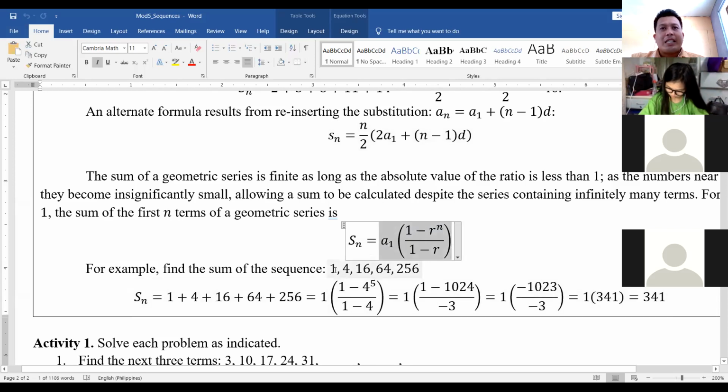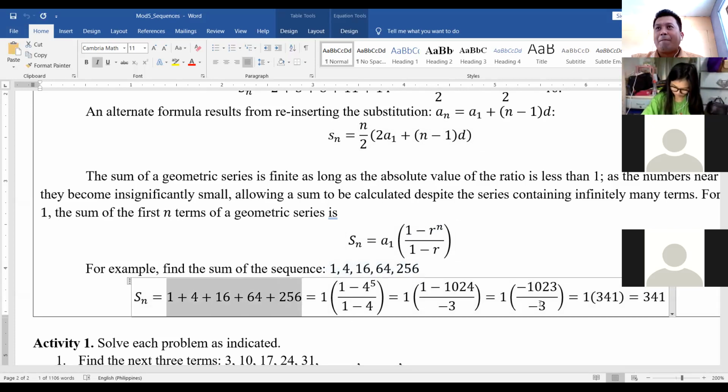Example: what is the sum of the first five terms of the sequence below? So the common ratio would be 4, right? 4 divided by 1 is 4. 16 divided by 4 is 4. But in this case, you can also just add them directly. Let's apply the formula.